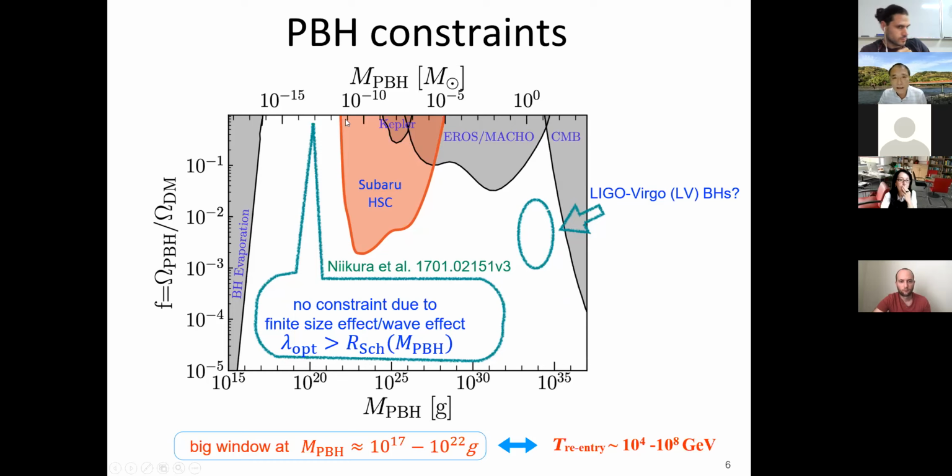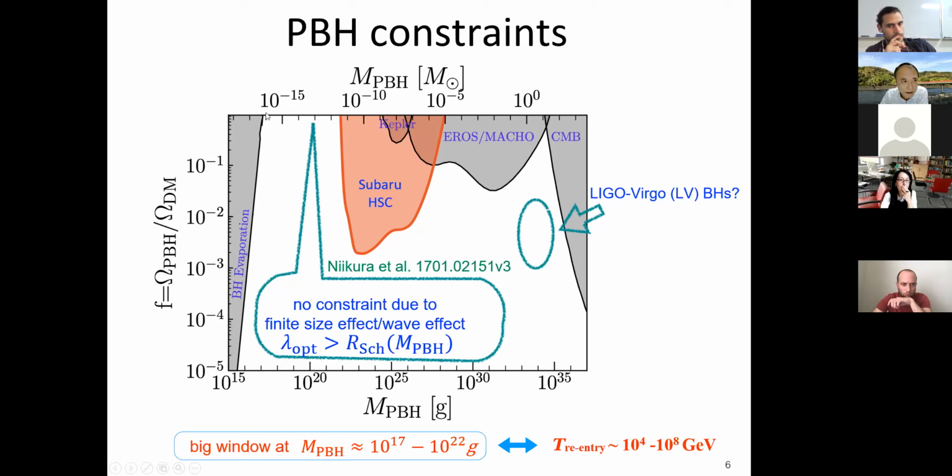In that case, all the recent nice telescope observations constrain the amount of primordial black holes considerably within this range, from about 1 solar mass down to, say, 10 to the minus 10 solar mass.